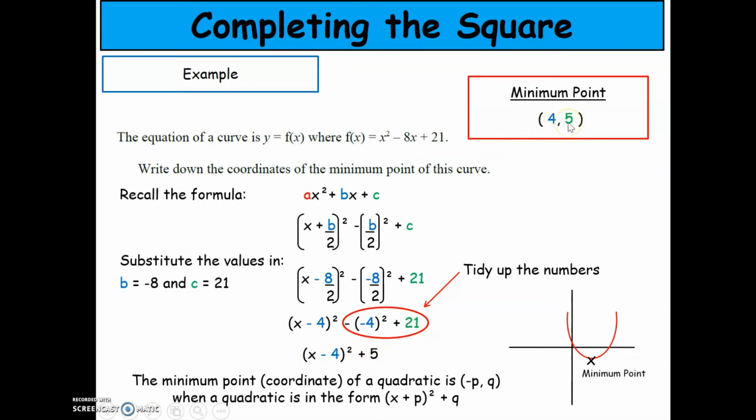So the coordinates of the minimum point are going to be 4 and 5 in this case. So this was the second example. We have completed the square and we have identified the coordinates of the minimum point.